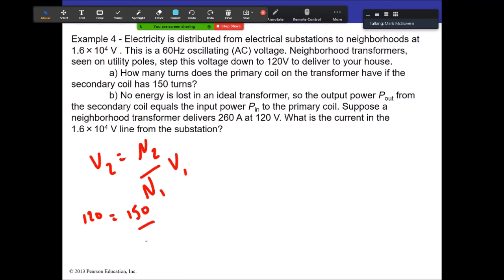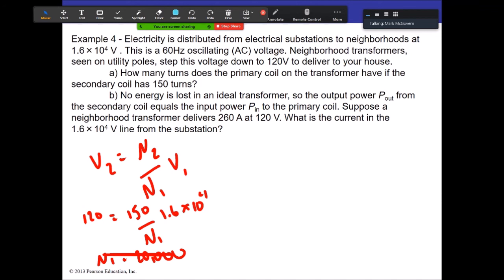You can see that the number of turns in the primary has got to be pretty big to step down the 1.6 times 10 to the 4 volts. You solve for N1 here, and you get 20,000. So the primary has got to be 20,000 turns. The secondary's got to be 150, and that allows things to be stepped down.